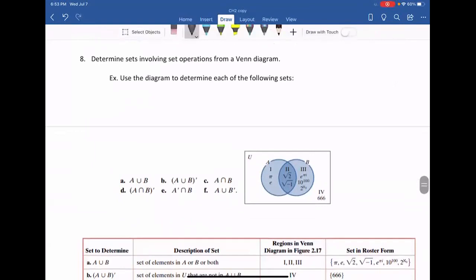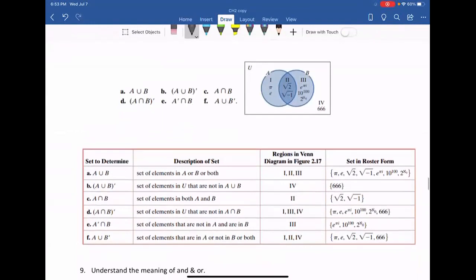8. Determine sets involving set operations from Venn diagram. Use the diagram to determine each of the following sets. Okay, here we have a Venn diagram and some operations. So let's see. Set A union set B. That means everything in here, right?